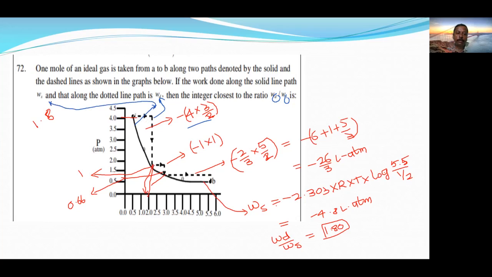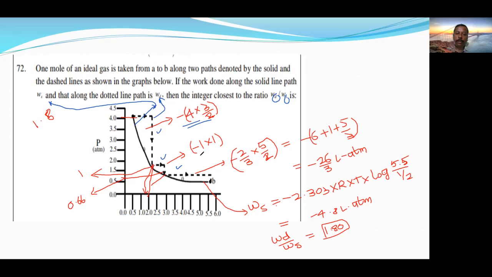And what is the difference? It is carried out reversibly, but it is carried out irreversibly in step 1, step 2, step 3. Three steps it is carried out, and we want to find the ratio of the dotted line divided by the solid line. So simple, very very simple.